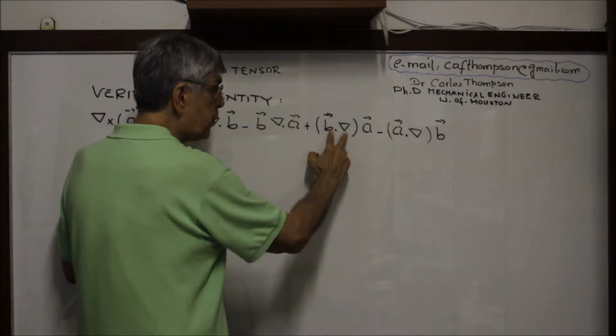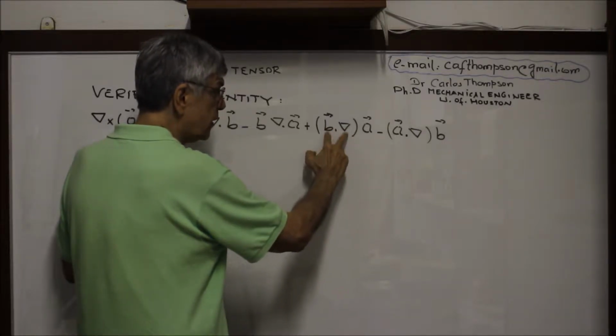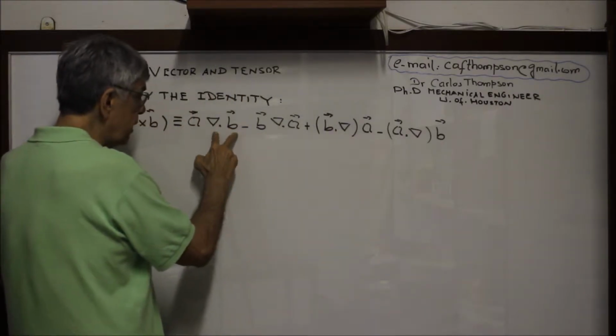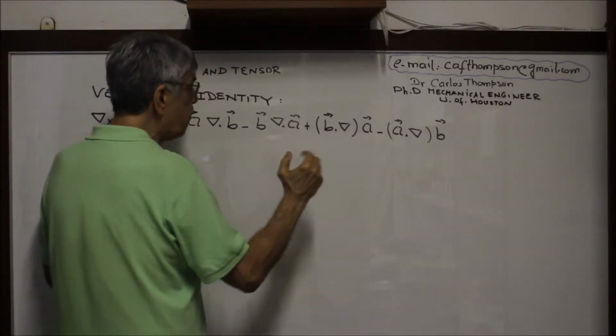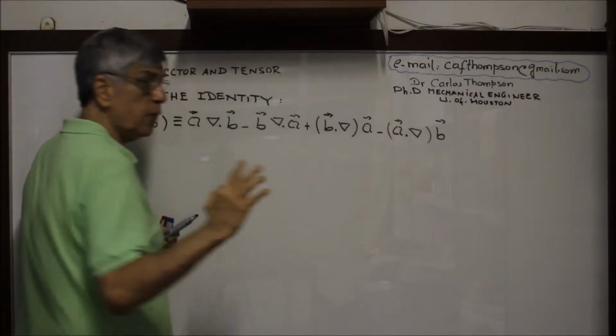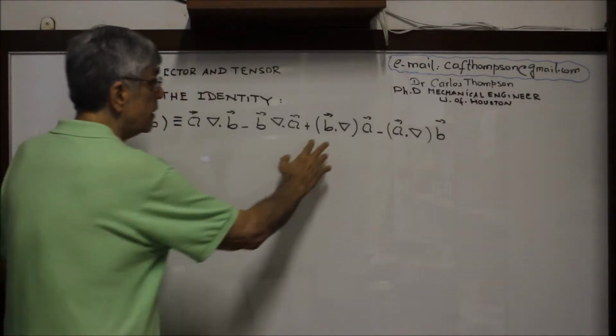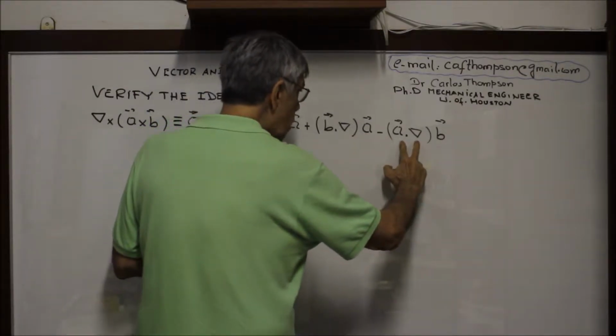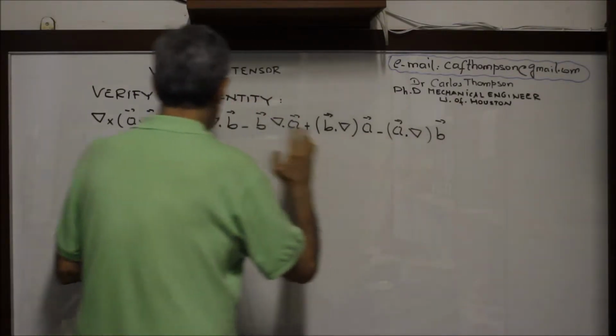This here is an operator, okay? B dot nabla is different from nabla dot B. As I said before, nabla is a pseudo vector. This is an operator. A minus, this is another operator on B.